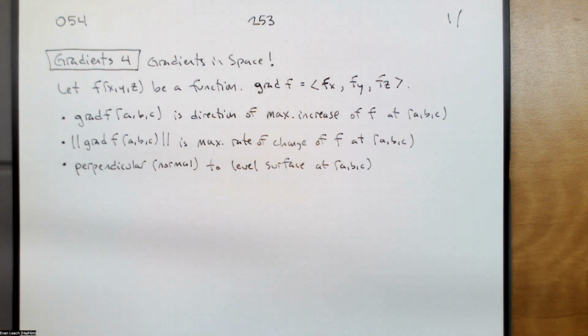Our interpretation of what the gradient represents is the same. It's just up 1 dimension. So direction of maximum increase, same. Magnitude is the maximum rate of change, same. Perpendicular to level surface rather than level curve.